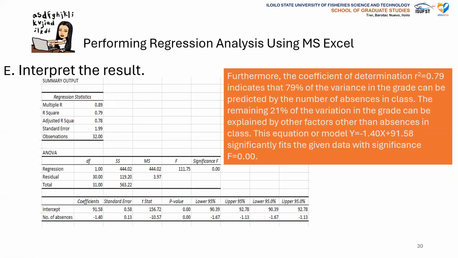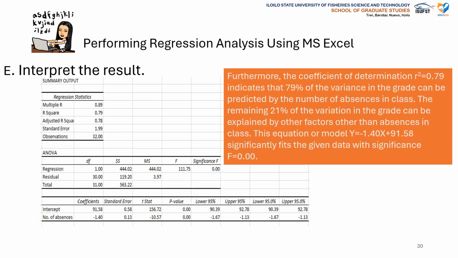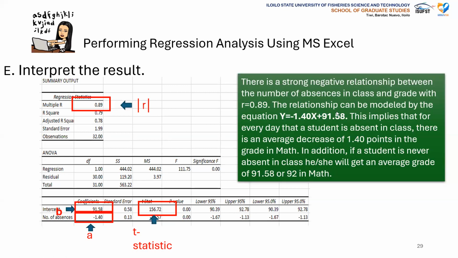Your T statistic is 156.72. Furthermore, this relationship can be modeled by the equation y equals negative 1.40x plus the B here, which is 91.58.